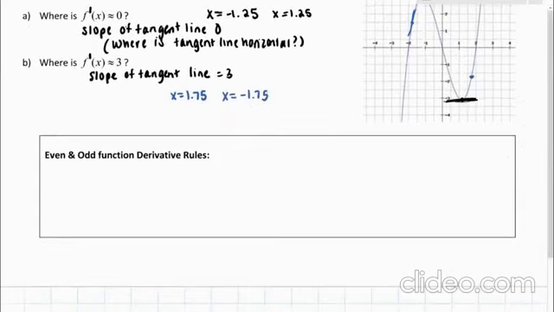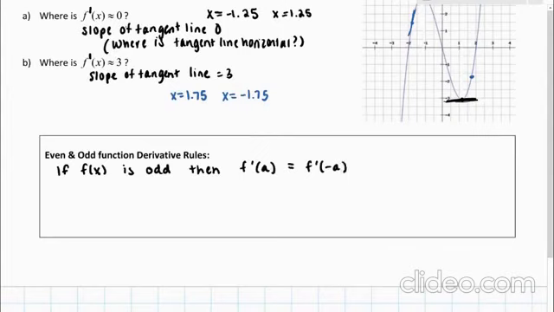This is actually a rule that happens with odd functions. If f of x is odd, then f prime of a is equal to f prime of negative a, meaning they have the same slopes at a and negative a.